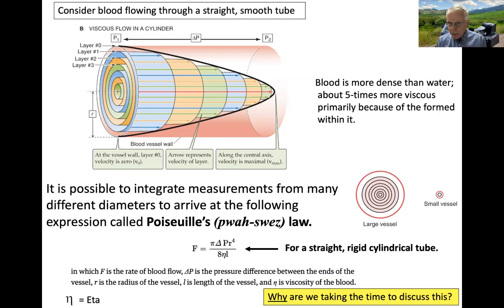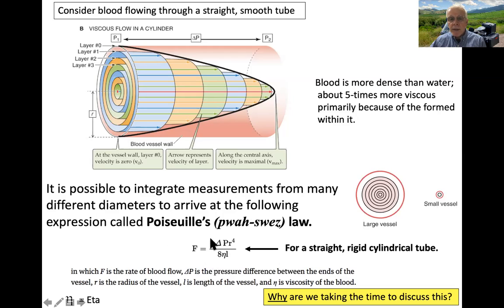He died in 1869, I think, right after the Civil War. At any rate, it was during the early 1800s that he worked out a lot of the knowledge that we have today. His relationships show that flow rate through a tube, like mL per minute, is directly proportional to, let me go through this slowly, pi times the pressure difference times the radius of the tube to the fourth power.